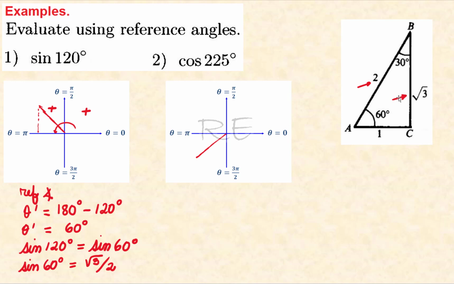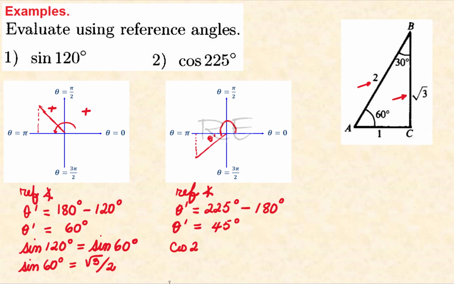Now, 225 degrees. 225 is an angle located in the third quadrant. First, we're going to look for the reference angle, and with the reference angle, we're going to calculate cosine of 225. The reference angle, if the angle is located in the third quadrant, will be the angle itself minus 180 degrees. So theta prime, the reference angle, is equal to 45 degrees.